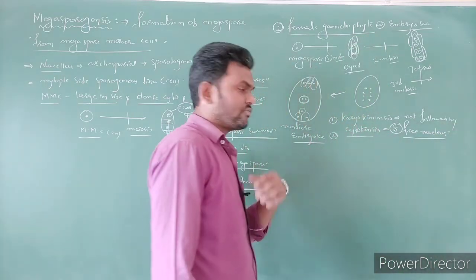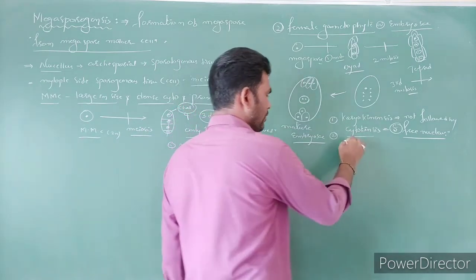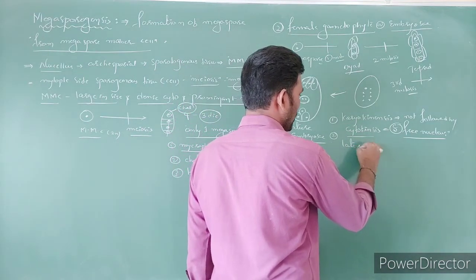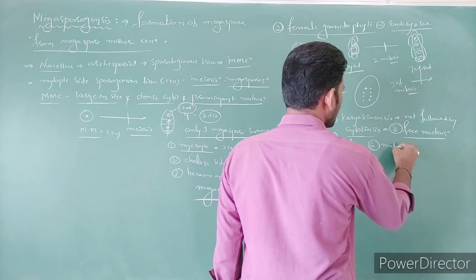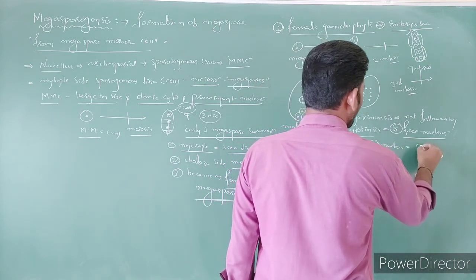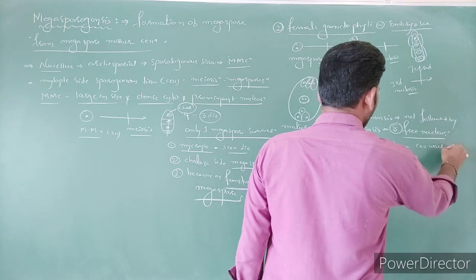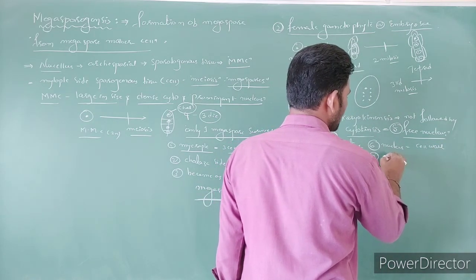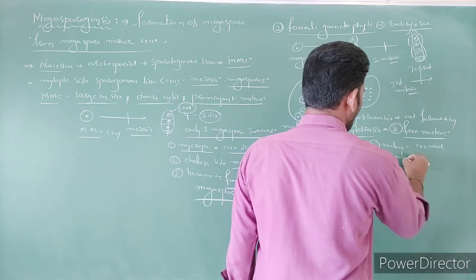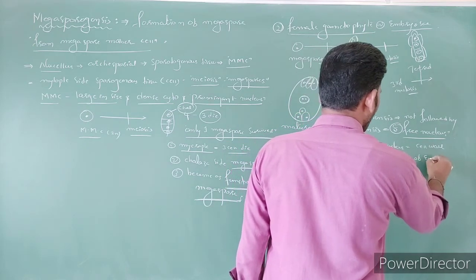After formation of 8 free nuclei, later, out of 8, 6 nuclei are covered by cell wall, and the remaining 2 nuclei are covered by cell wall and settle at the center of the embryo sac.